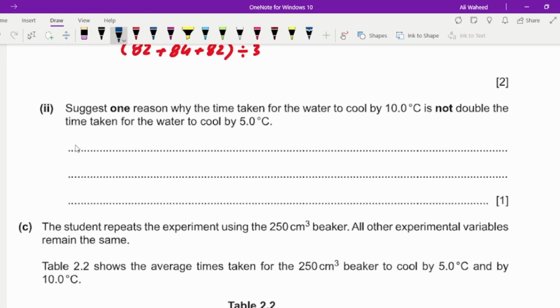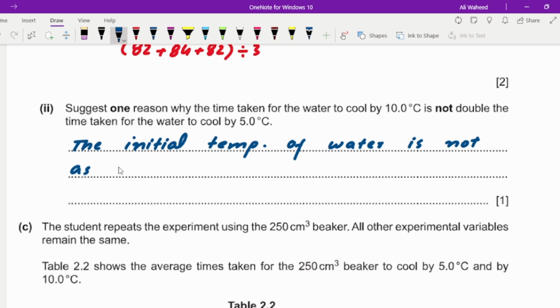So the reason is the initial temperature.